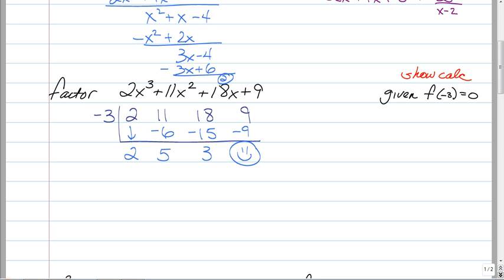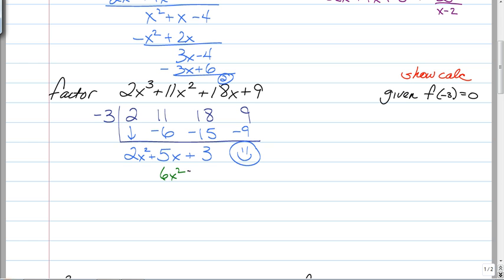So, remember, this is an x squared plus 5x plus 3. Since the directions say factor and they don't just say divide, you need to factor completely. So, this can continue to be factored. We could use Batman. 2x squared times 3 is a 6x squared.